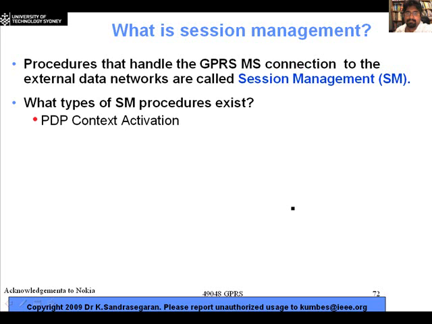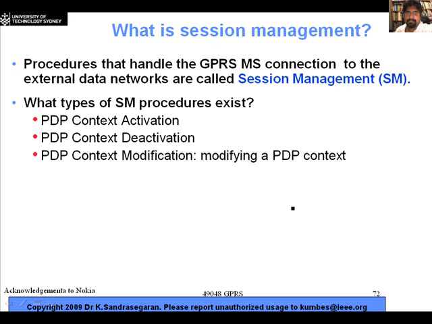This is the point at which you say, I want to connect to an external network, so give me the important configuration information like IP address, your default gateway, your net mask, and so forth. When you end your data session, you do a PDP context deactivation. And sometimes you might also do something called PDP context modification, so modifying a PDP context.